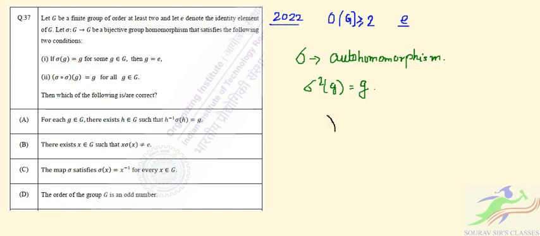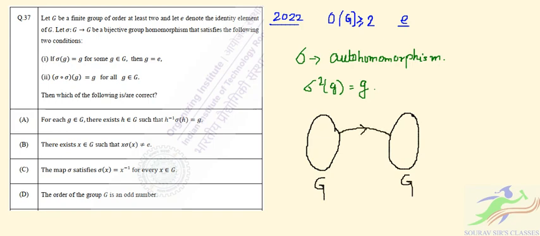So let us have these groups. These belong to G, and this is one of the functions, sigma. Here E is the identity element, so E will map to E only, and at least 2 means E, A is there, B is there, C is there.